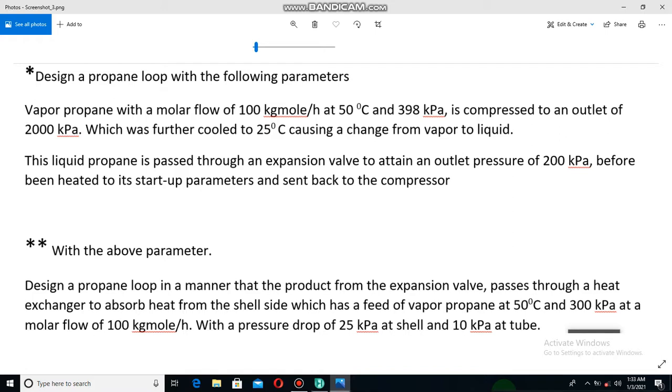So with the same parameters, we're designing a propane refrigeration loop with the product from the expansion valve passing through a heat exchanger and back to the compressor. Okay, so let's get started.